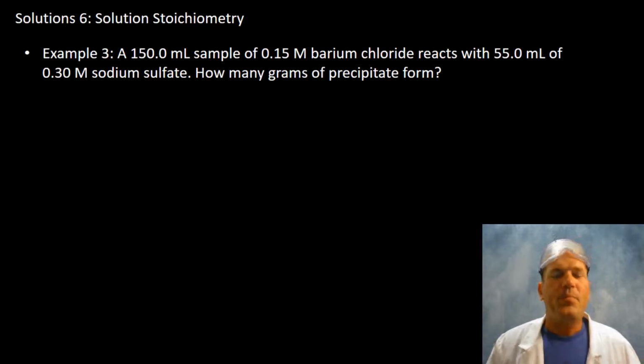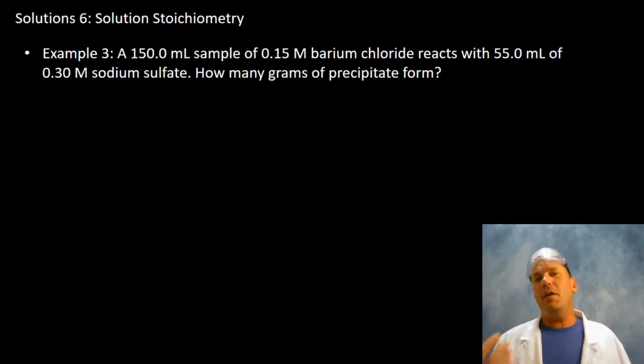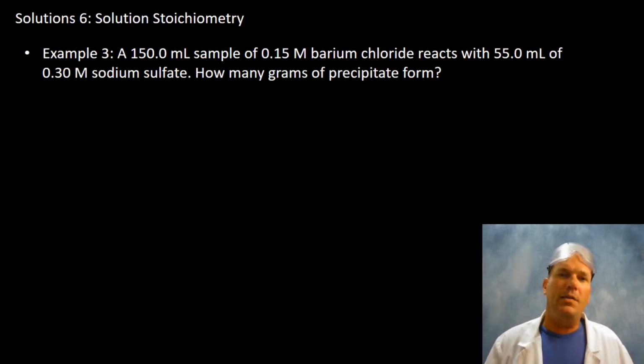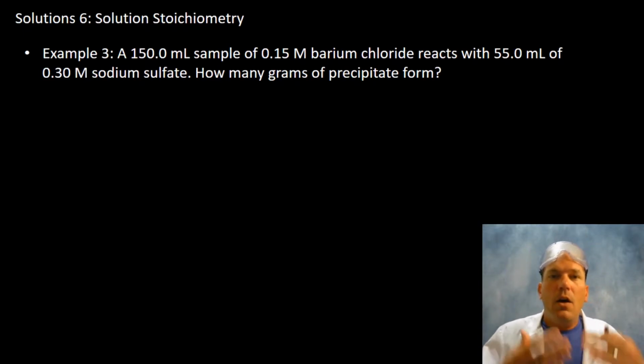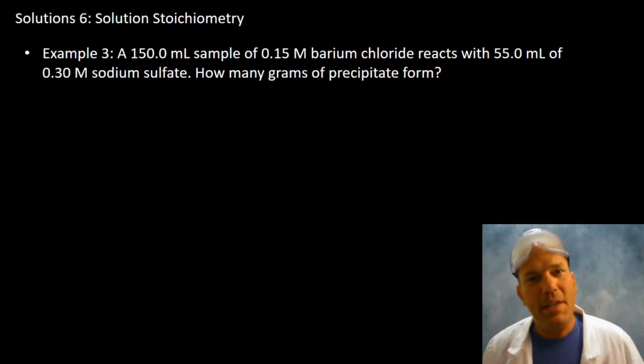Example 3. In this case, we have 150 milliliters of a sample of barium chloride of concentration 0.15 molar, and it's reacting with 55 milliliters of a 0.13 molar sodium sulfate. Oh no, we have 2 reactants, and we're not being told which is limiting.